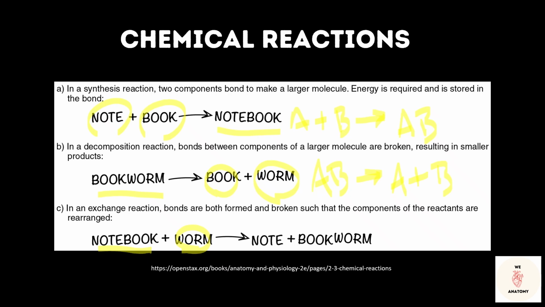What happens here is notebook gets broken apart in a decomposition reaction, and then book and worm get added together in a synthesis reaction. This can be delineated as AB plus C becoming A plus BC.